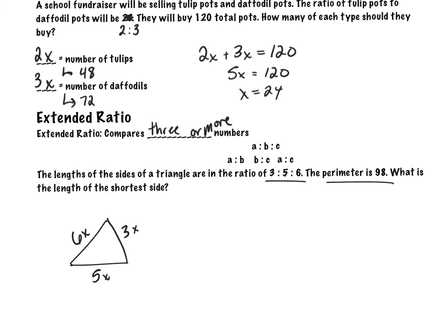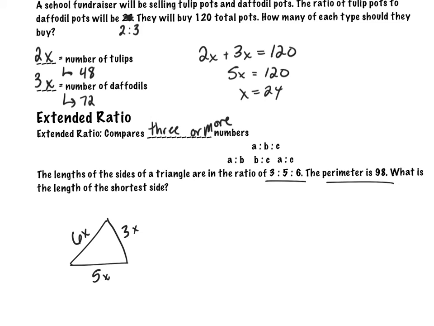So they tell me the perimeter is 98. What do I know perimeter is? Base outside, height outside. What do you mean by the outside, Braden? So it's the outside all added together, right? So it's the distance around a shape.